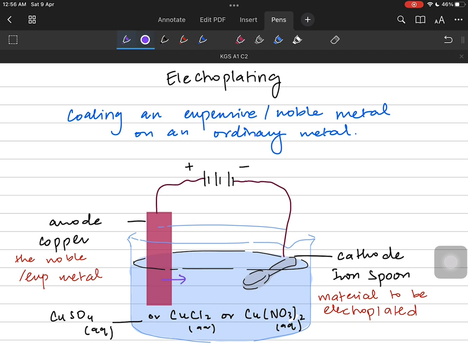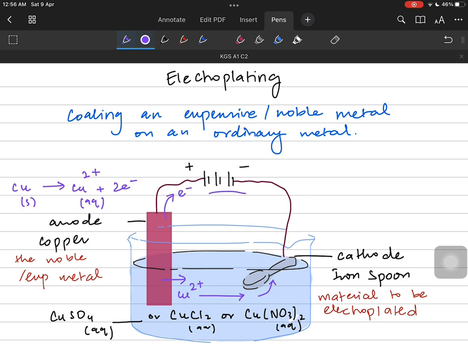So what happens is that as soon as the current is applied, the anode will start to oxidize itself, copper ions will be released, and these copper ions will start going towards the cathode. On the anode, the copper will oxidize itself, so copper metal atoms will become copper ions and they will lose 2 electrons.